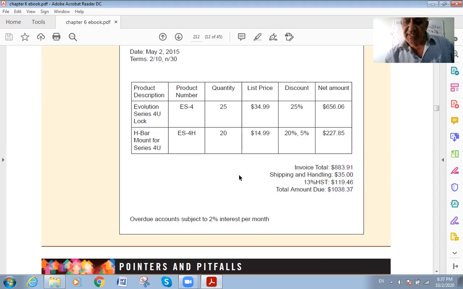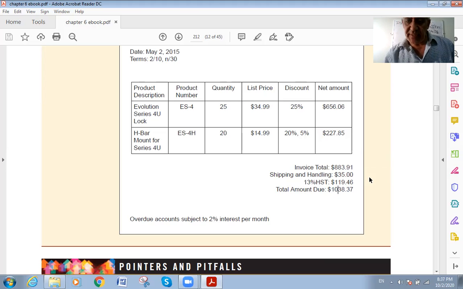Then this is the amount due when you add the invoice total and the shipping cost and the HST together. When you add them together, it will give you 1038.37, like you see here.